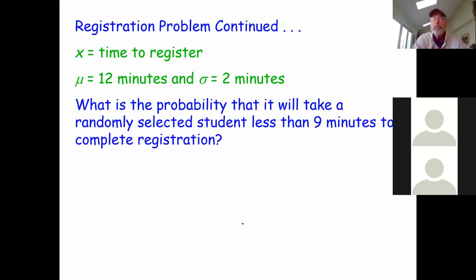What are we going to do here? Do you remember the z-score equation?